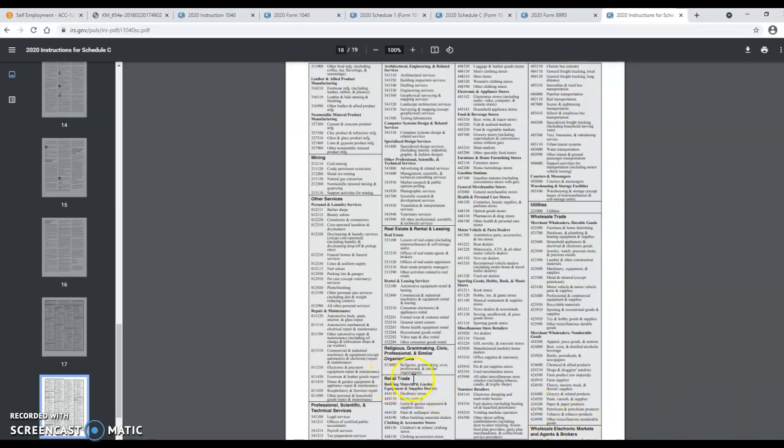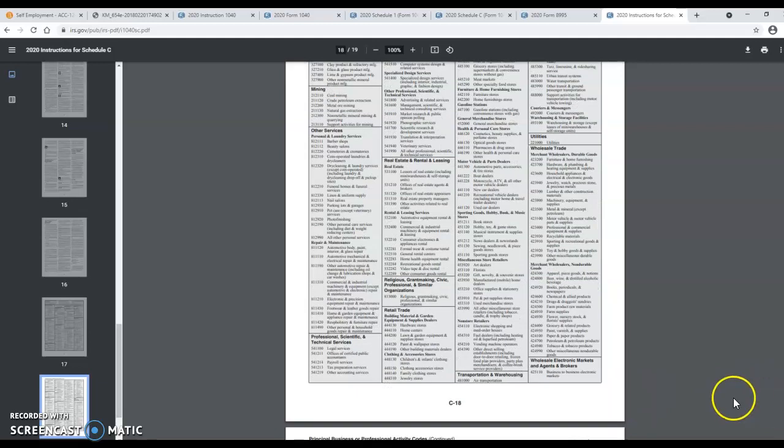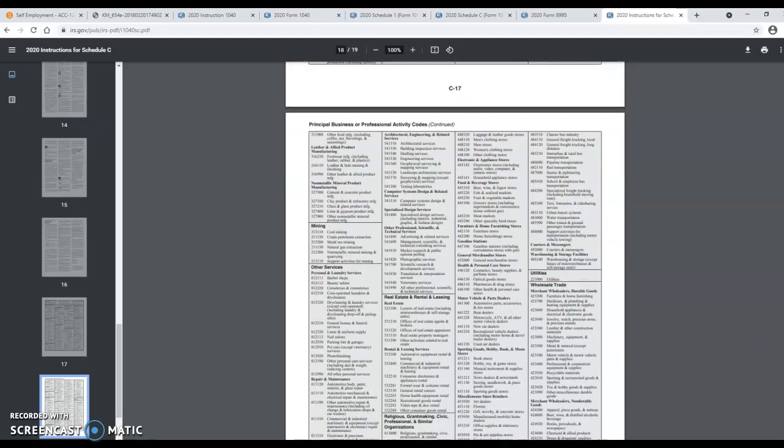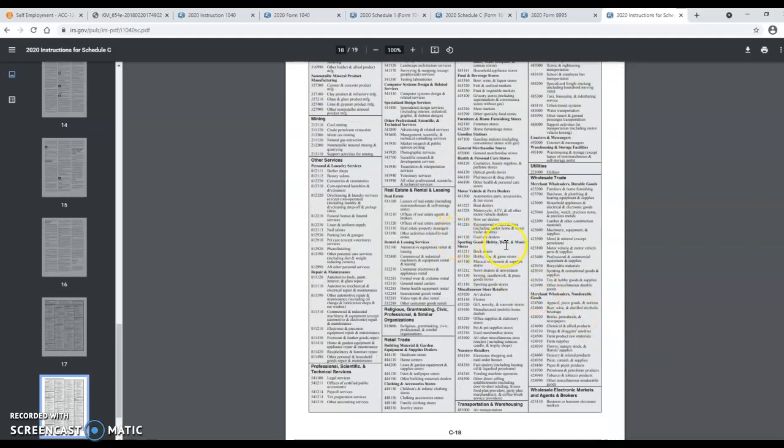Okay, so here's this one down here. It says retail trade. So we're going to find somewhere under there. Okay, there's building materials, that's not us. Clothing and accessories, that's not us. Electronic and appliance stores, food and beverage stores, furniture, home furnishing, gasoline stations, general merchandise, health and personal care, motor vehicle and parts, sporting goods, hobby, book, and music stores.